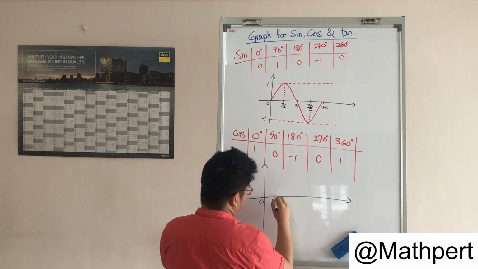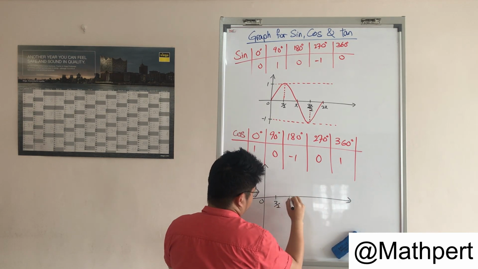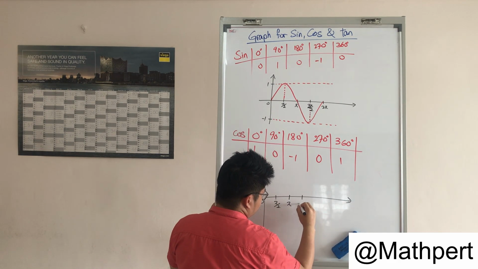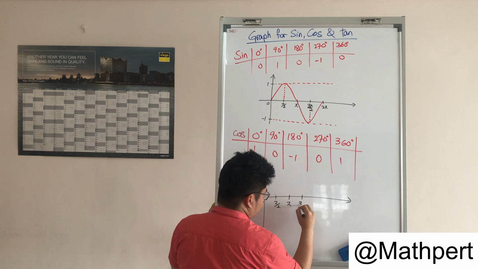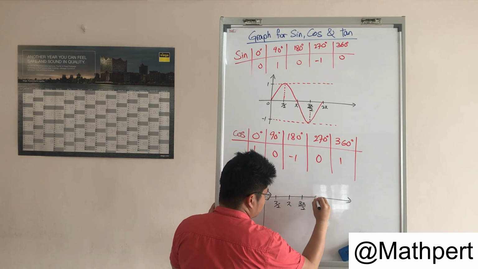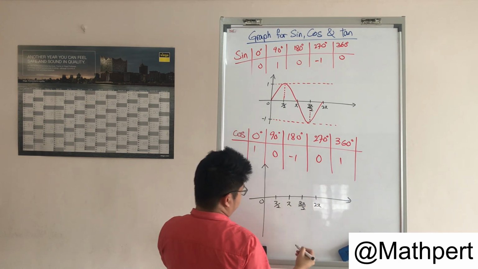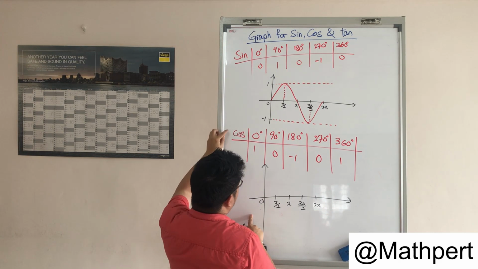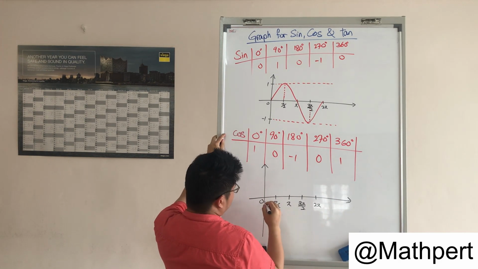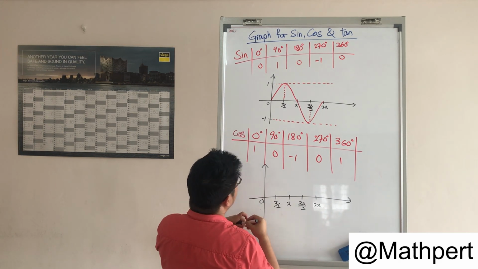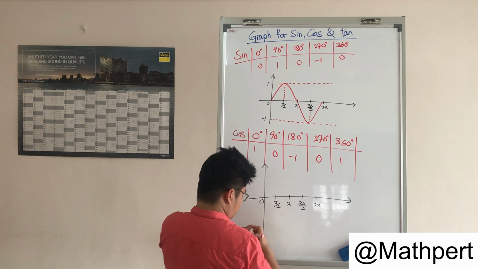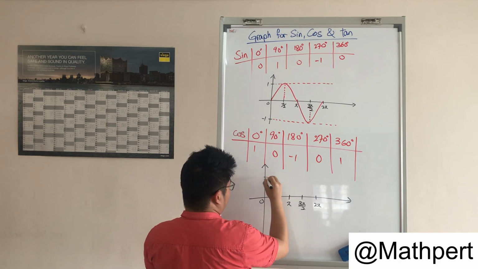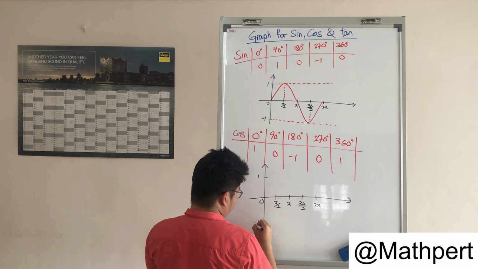So 0, pi divided by 2, pi, three pi divided by 2, then 2 pi. This is 1, this is minus 1.